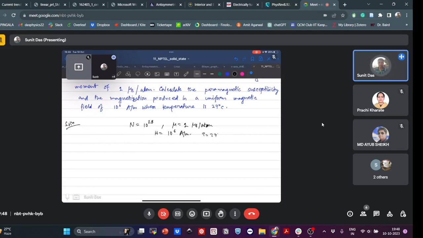Temperature is 27 degrees Celsius. So we need to calculate the paramagnetic susceptibility and the magnetization.